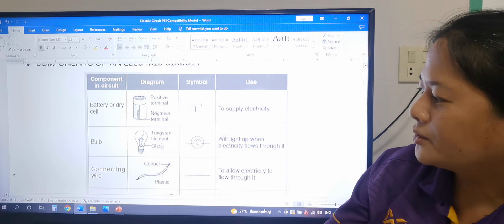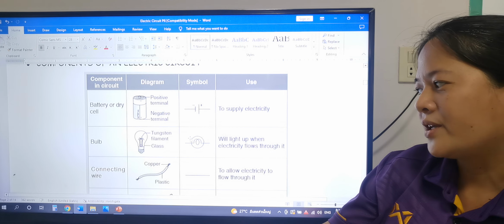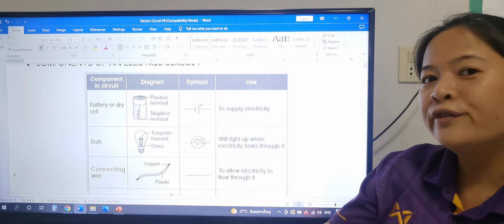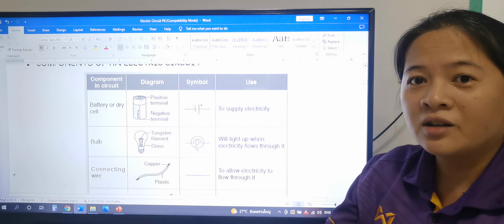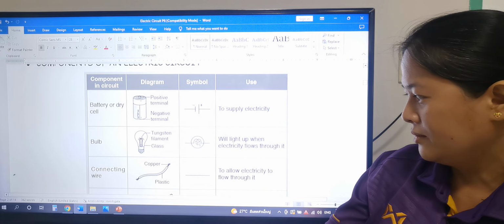If you observe here, the bulb symbol is different from the one in your textbook. But if you see this in other books, it's also correct. This is the symbol of a bulb too, okay?